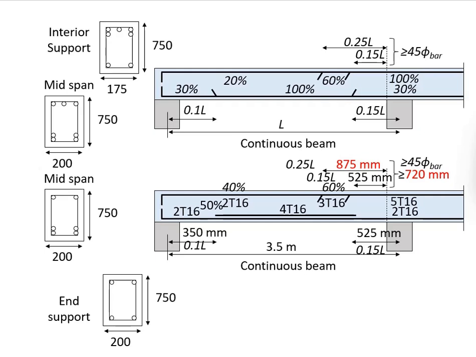Now, if you have difficulty imagining whether to round up or to round down, you just need to follow a basic principle. We want the reinforcement bar to be more, but not less. Then you can compare the two options. Whether rounding up will give you more rebar or whether rounding down will give you more rebar.